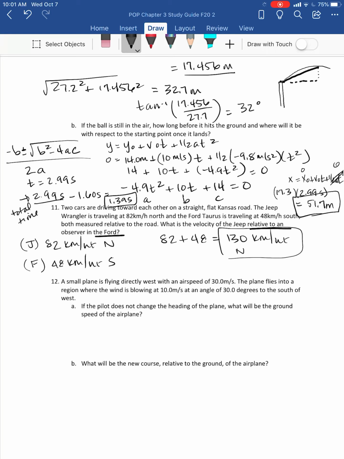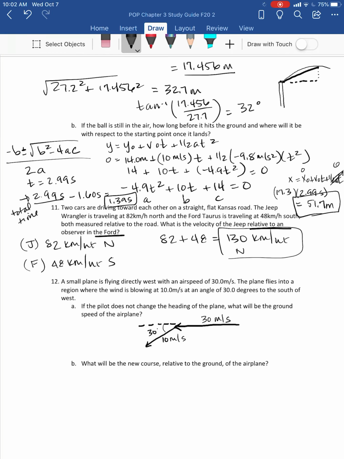Number 12, this is saying that a small plane is flying directly west with an airspeed of 30 meters per second, so it's going like this, 30 meters per second, and the plane flies into a region where the wind is blowing at 10 meters per second at an angle 30 degrees to the south of west, so like this. So 10 meters per second, and this is 30 degrees right here.